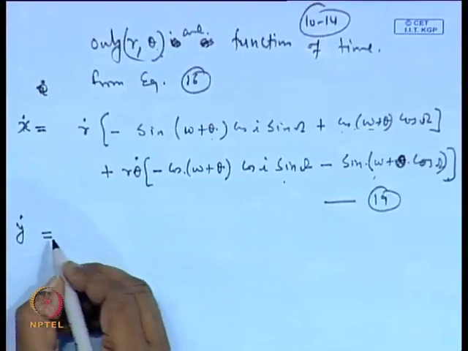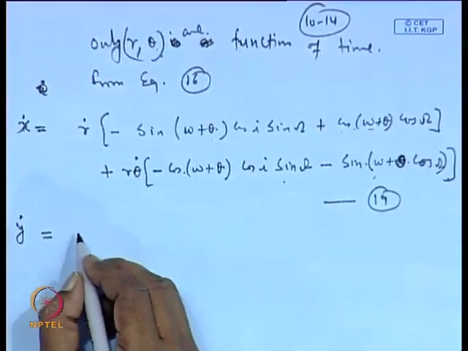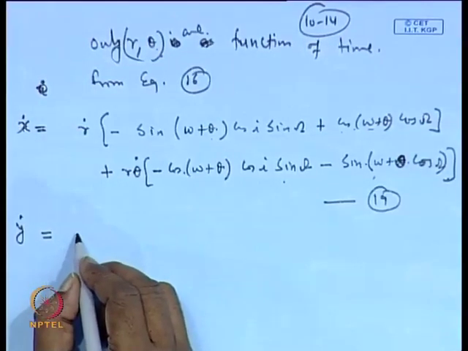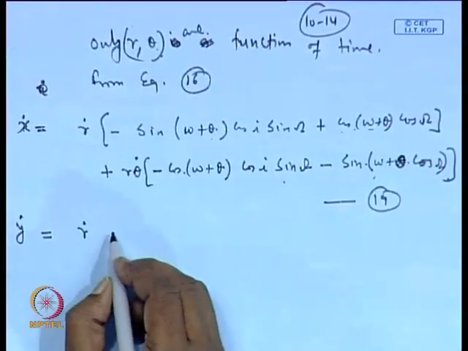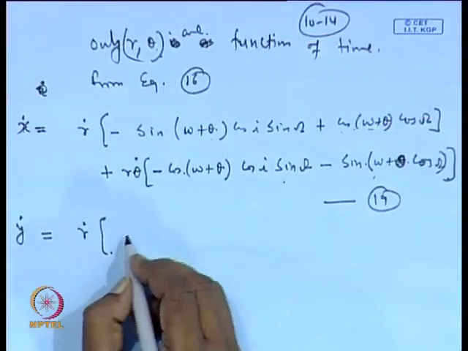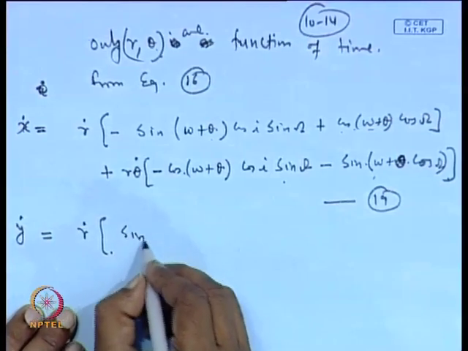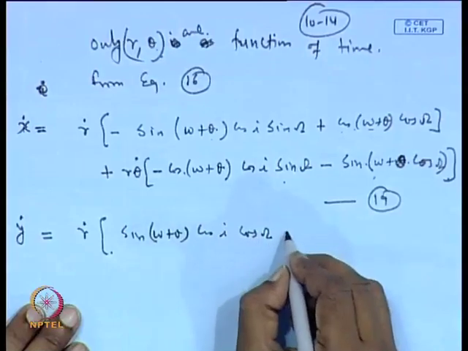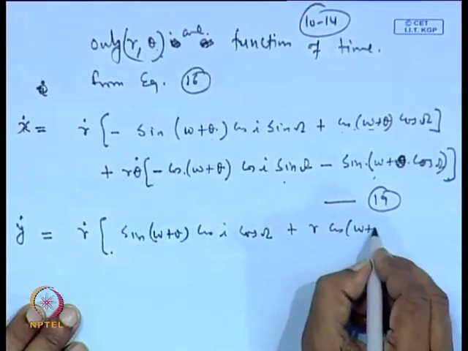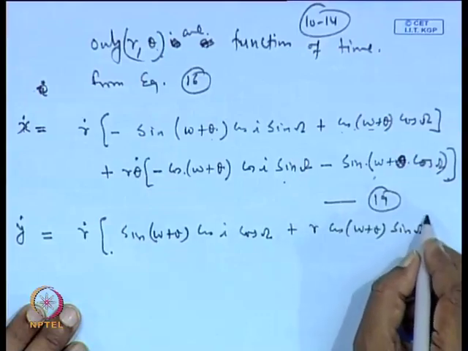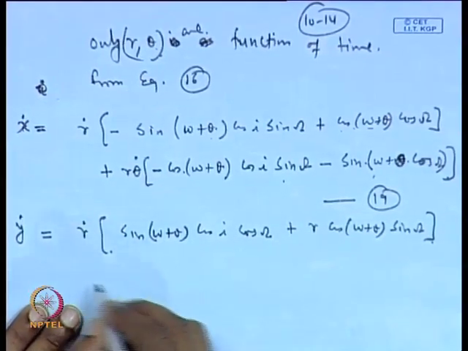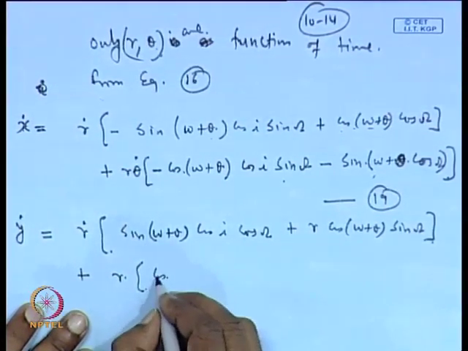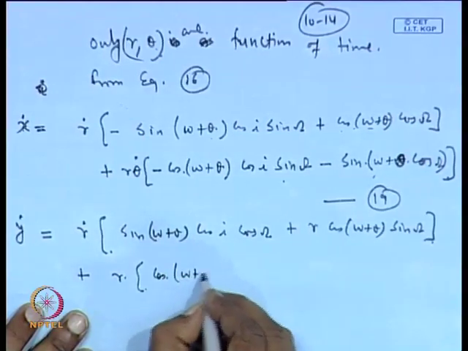Similarly, y dot we can write from equation number 17. So, y dot will be equal to r dot sin(omega plus theta) cos I cos capital omega plus r cos(omega plus theta) sin omega, plus r times the sin derivative, which will be cos(omega plus theta) and theta dot.